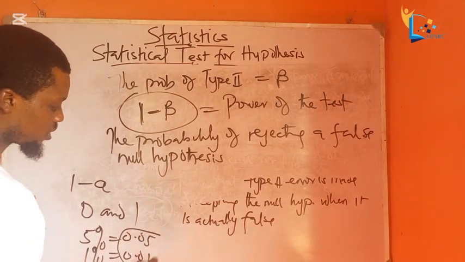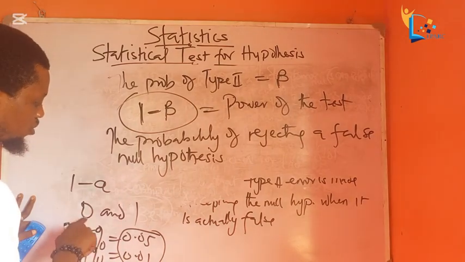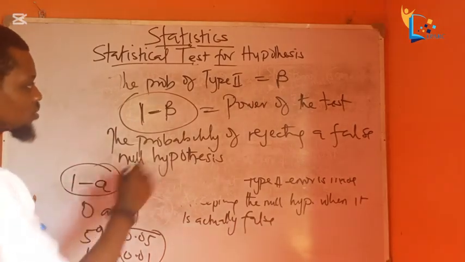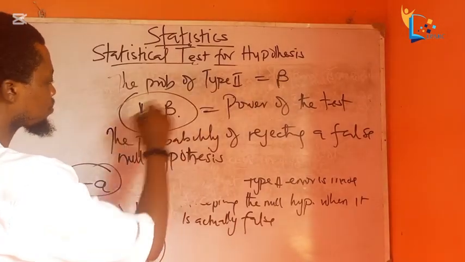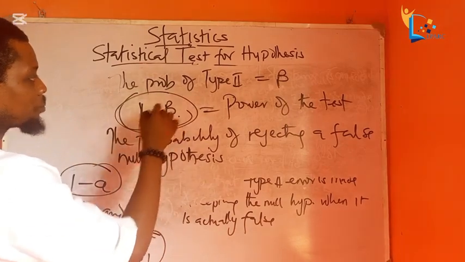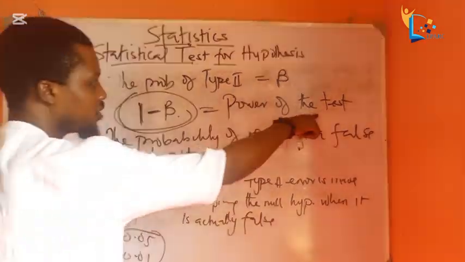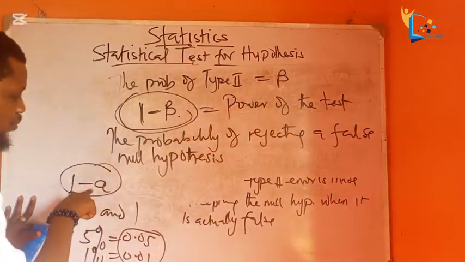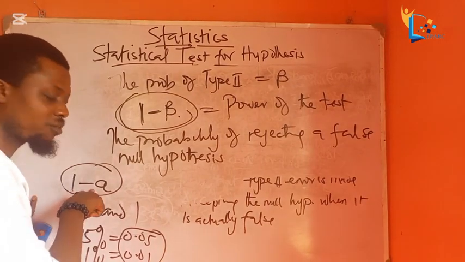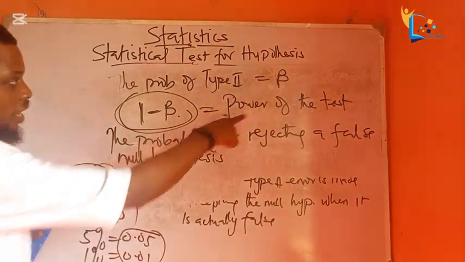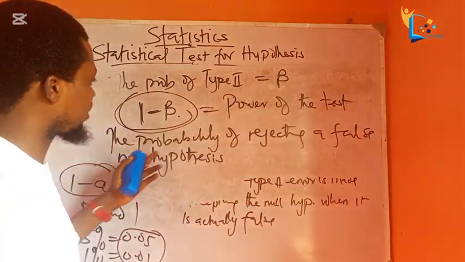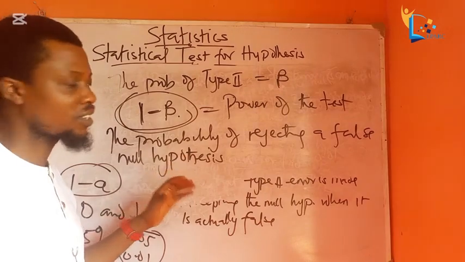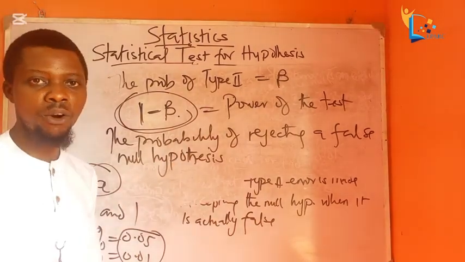If you check, these values lie between 0 and 1. So for type 2 error, 1 minus beta is also known as the power of the test, while for type 1 error, alpha is known as the level of significance. When we say power of the test, we are saying that the probability of rejecting a false null hypothesis is referred to as the power of the test.